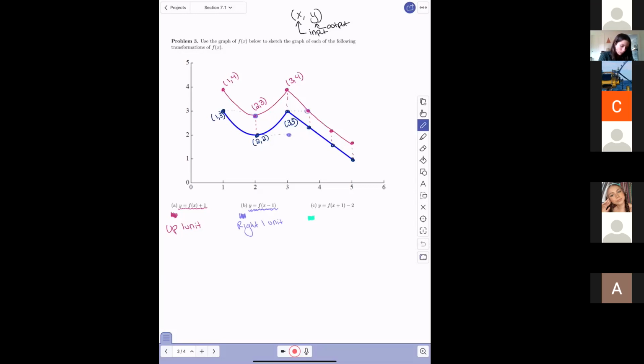This point moves to here. This point moves to here. This point moves to here. And this point moves to there. So we go ahead and draw it. And it goes there.